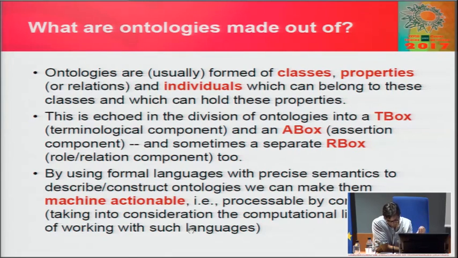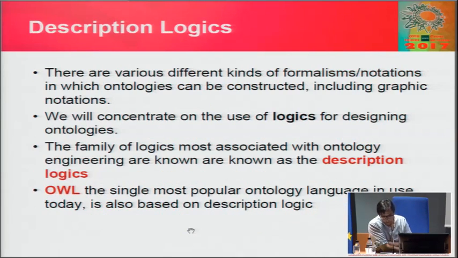Then there's the A-box, the assertion component, and sometimes there's also a separate R-box, which is the role or relation component. All of these things are described in a formal language, and so as I mentioned before, we can run automated reasoners over ontologies and then derive new facts from the knowledge that's already contained in the ontology.